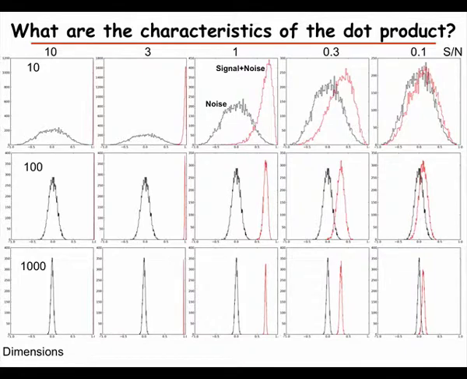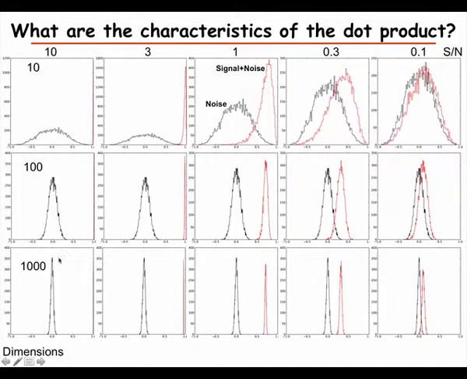So then we can look at what's the characteristic of the dot product. So here we have different signal to noise ratios going from 0.1 to 10. And we have different numbers of dimensions.